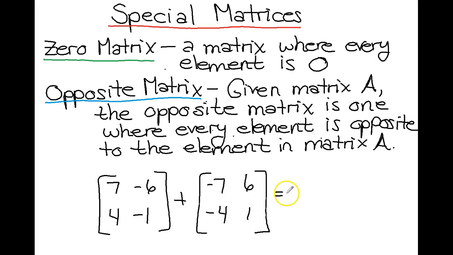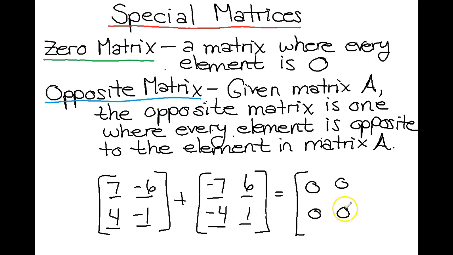When we add 7 and -7, we get 0. -6 and 6, we get 0. 4 and -4, we get 0. -1 and 1, we get 0. We end up with the zero matrix as our result. We're going to add opposite matrices when we start solving matrix equations to help us solve those equations.